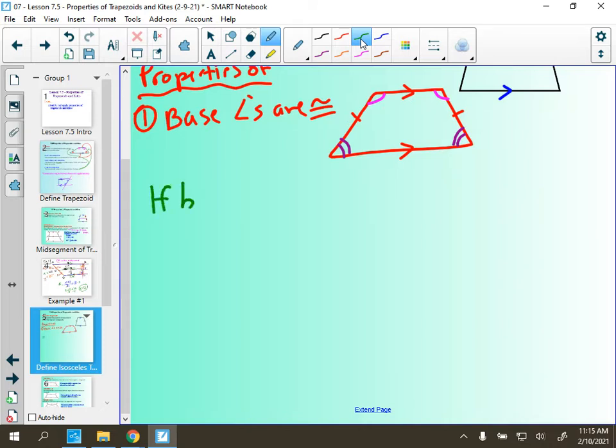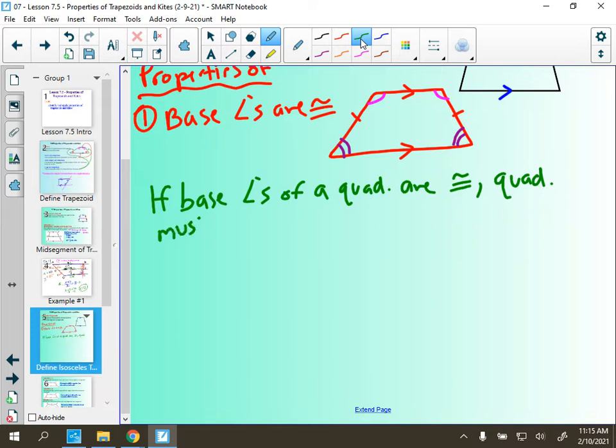If base angles of a quadrilateral are congruent, the quadrilateral must be an isotrap. That's our abbreviation there. We can shorten that up, isosceles trapezoid.